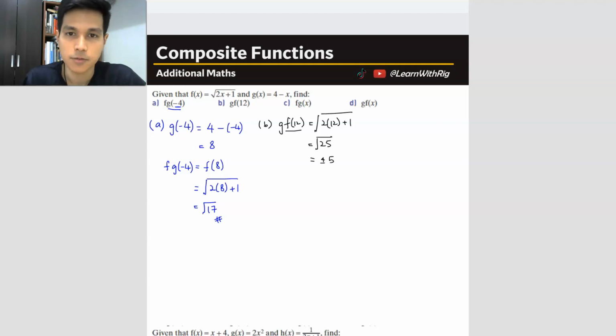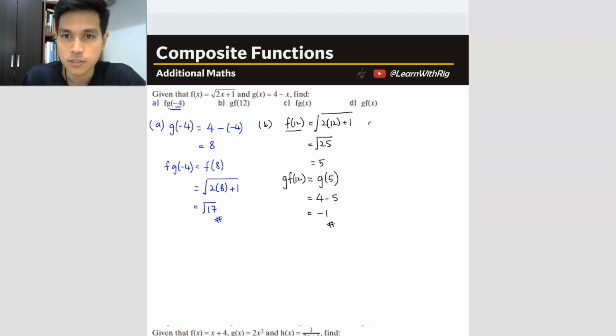Oh wait, sorry, what am I doing? We are finding f, right? So this is not g. Okay, we just assume it's positive first, to make it easy. Then we can find gf(12). Because we already found f(12), it's going to be g(5). So it's going to be 4 minus 5. Answer is -1.